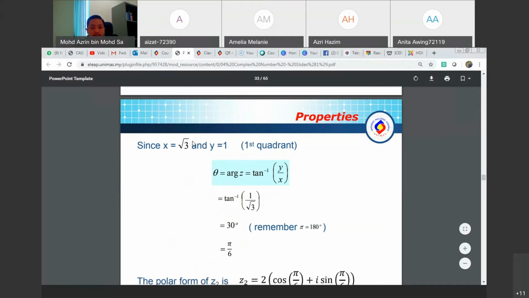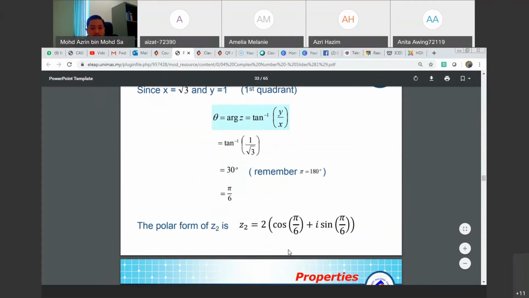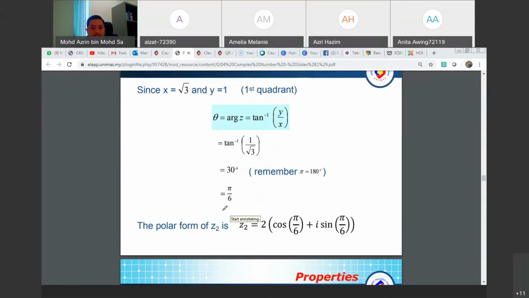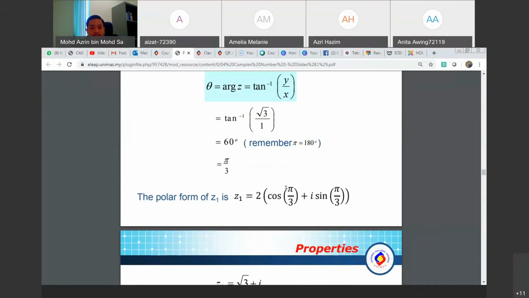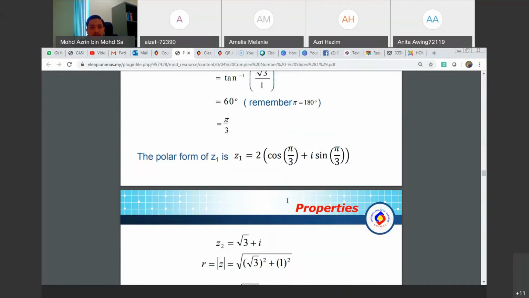So you should get the polar form for this Z2 is 2 cos pi over 6 plus I sin pi over 6. Okay. So what is the difference? Here it is pi over 3 for Z1.